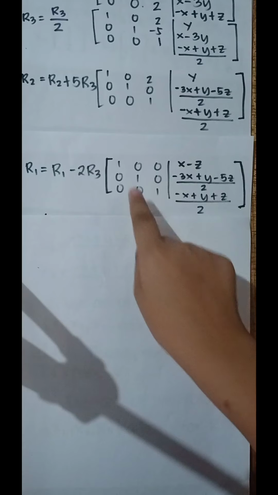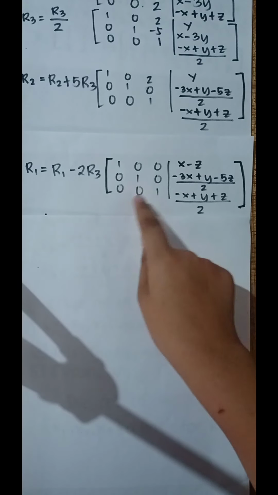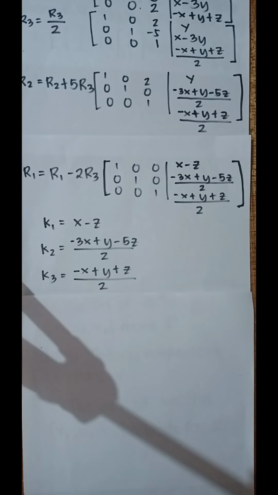So at this point, we now have an identity matrix, with 1, 1, 1 in the diagonal and zeros elsewhere. So the values of our scalars are k1 is equal to x minus z, k2 is equal to negative 3x plus y minus 5z over 2, and k3 is equal to negative x plus y plus z over 2.